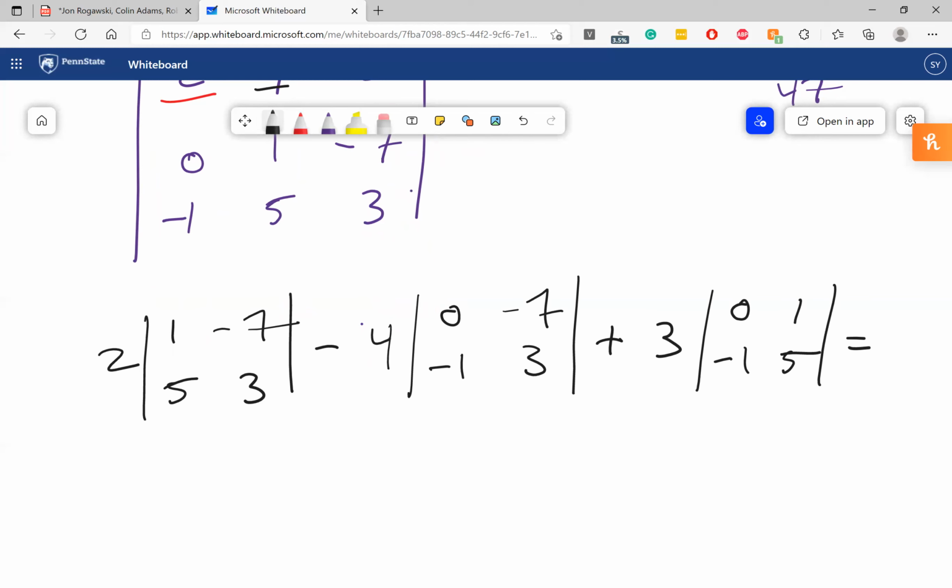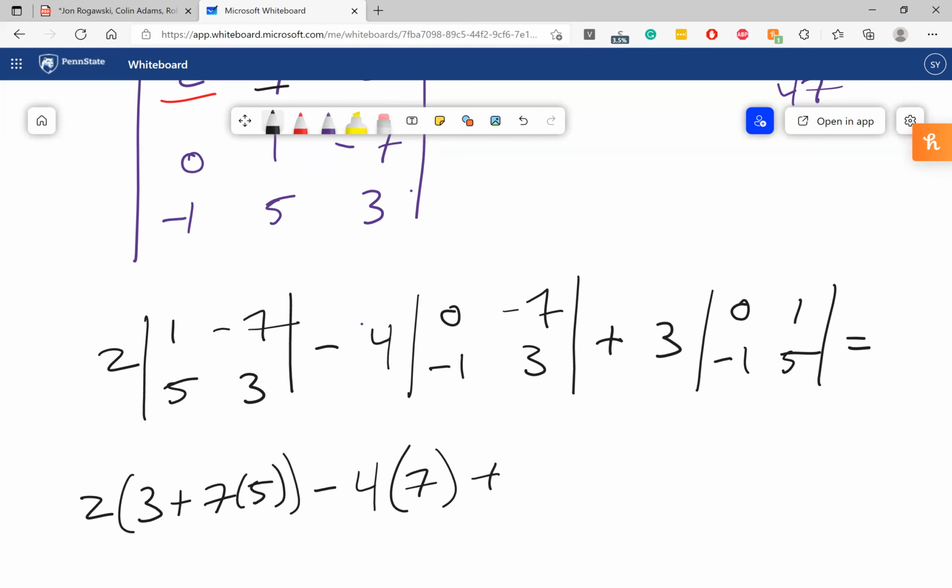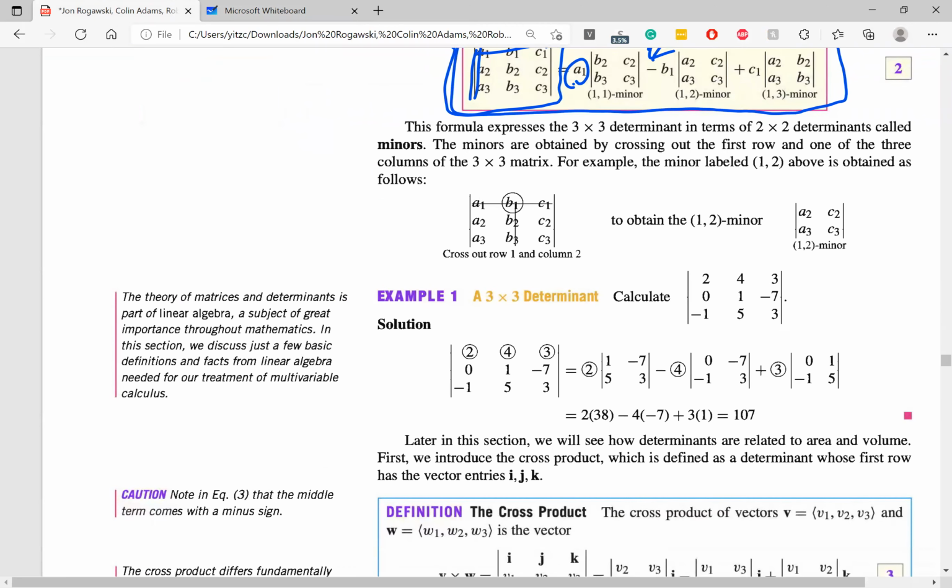So we're gonna have 2 times 3 minus minus, which is plus 7 times 5, minus 4 times 0, then minus minus, and then another minus, so 7, plus 3 times 0 minus minus, which is positive.